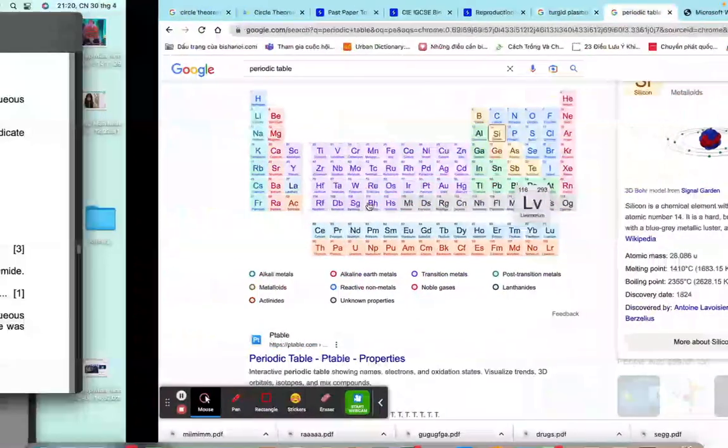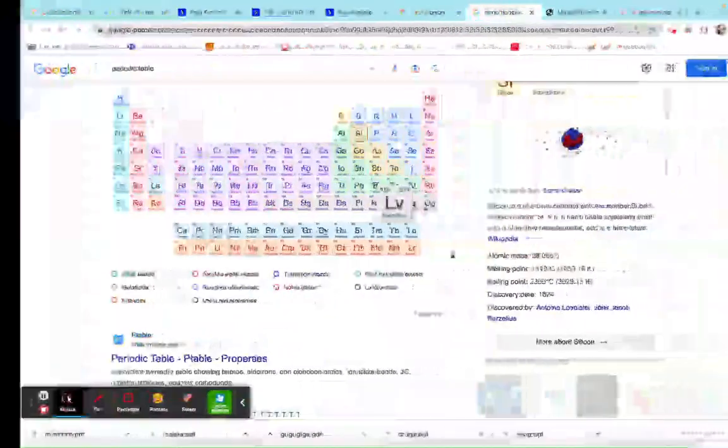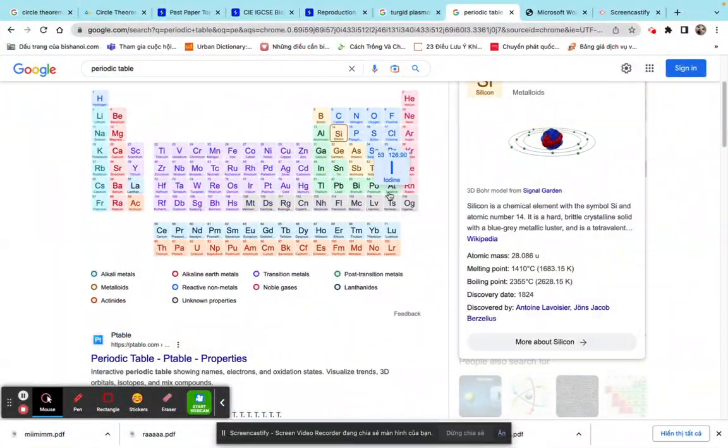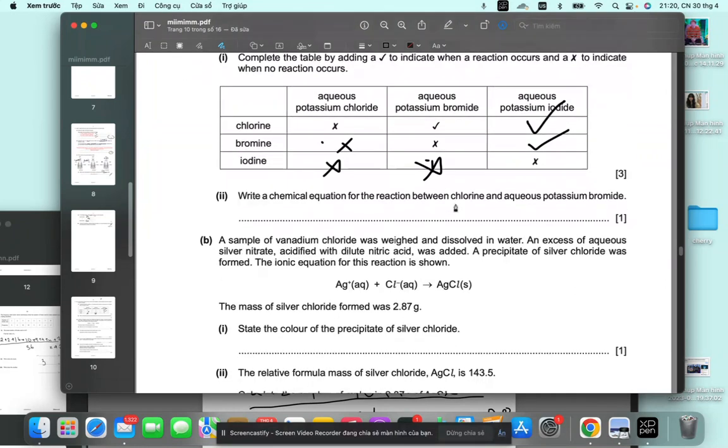Chlorine is more reactive than iodine. Wait, no, this is less reactive, so there'd be no reaction because bromide is less reactive than chloride. Bromide and iodide. Let's see. Bromide is more reactive than iodine, so they cannot displace each other. Iodine and chlorine. Chlorine is more reactive than iodine because it's higher, and bromine does.